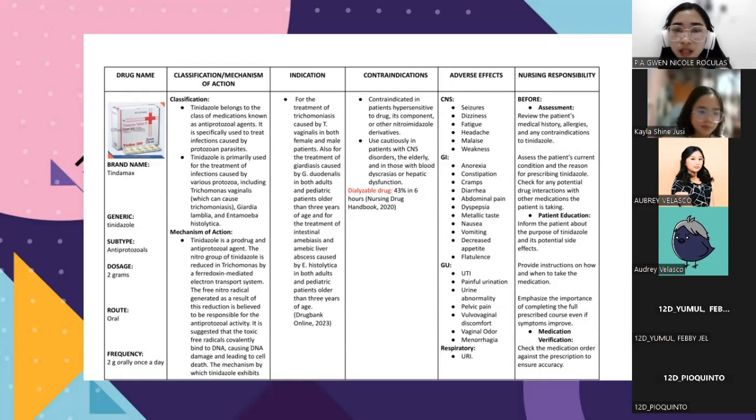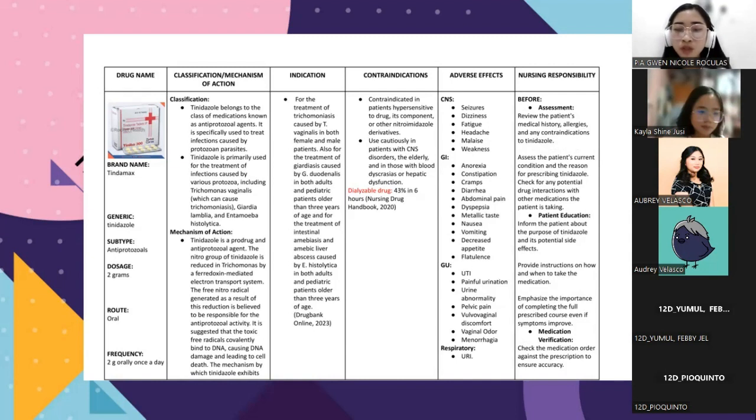Next is gastrointestinal, so anorexia. So when we say anorexia again, it is an eating disorder. Next is constipation, pananakit ng tiyan. Then cramps, so sakit ng puson. Then diarrhea, pananakit ng tiyan.